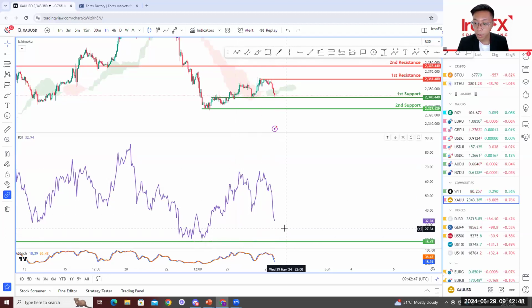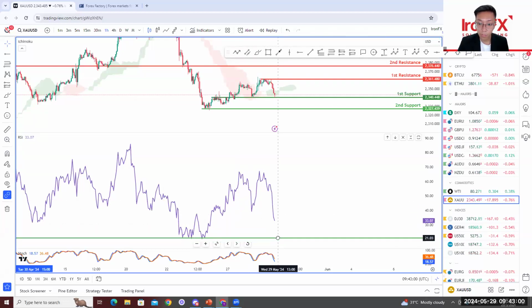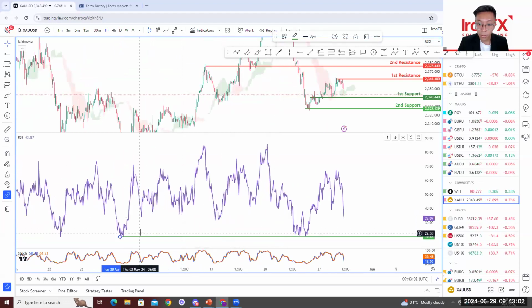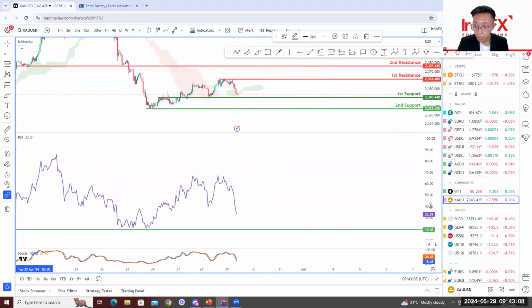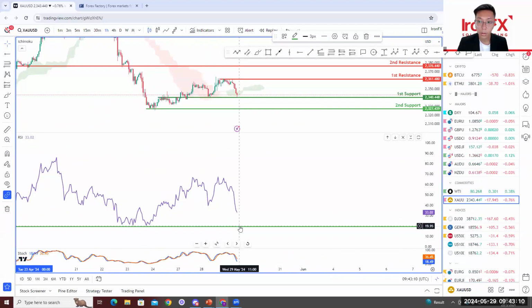But on the RSI chart, it's still in the middle of nowhere. Its value is 32. I would say 32 is a good gauge to maybe look for buys. But I'm hoping for price to maybe come down to this level of hidden support right here. We have a very nice hidden support level. So if price actually comes down to our hidden support level, then I will look for buys.